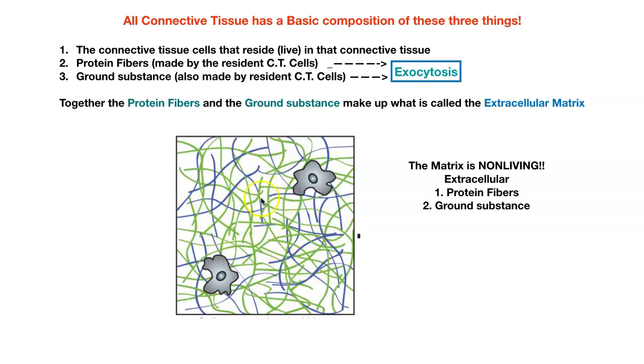And these protein fibers and ground substance together are called the matrix. Now this matrix is non-living. Non-living matrix. This matrix is going to be very, very important. So first, let's look at the protein fibers that we can have in this matrix.